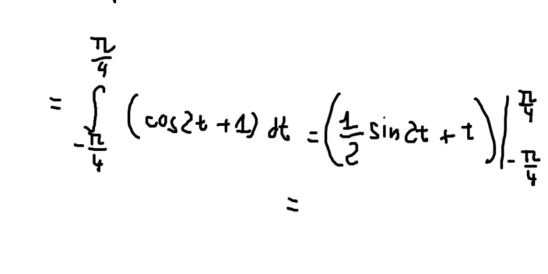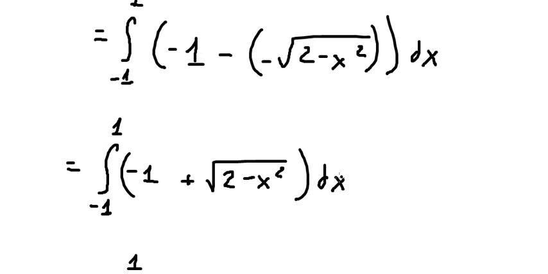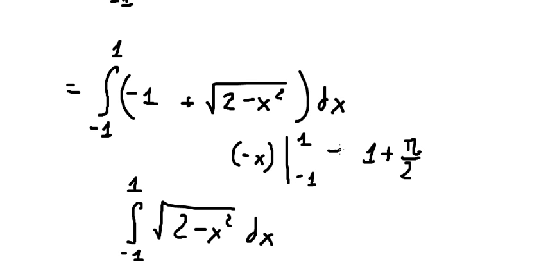So we have 1 plus pi over 2. So that means this one we have 1 plus pi over 2. The integration of negative 1 is negative x, and we put the bound from negative 1 to positive 1.